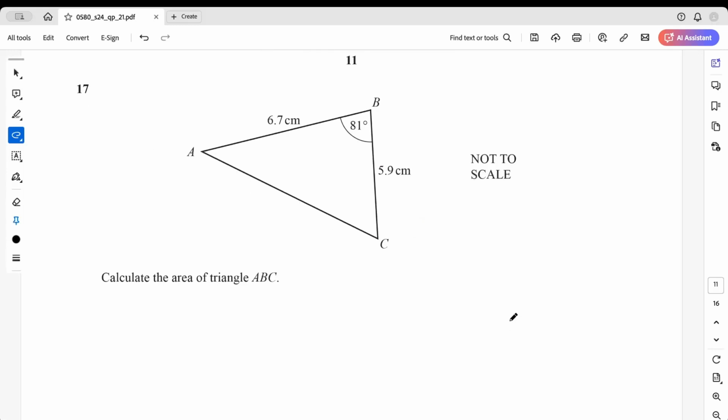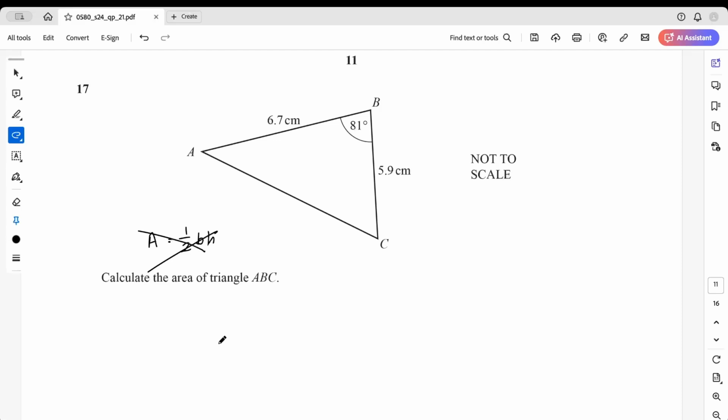Question 17. We have a triangle. Calculate the area of triangle ABC. Now, if we're given no information about the perpendicular height, things like that, there's no use trying to use this formula.